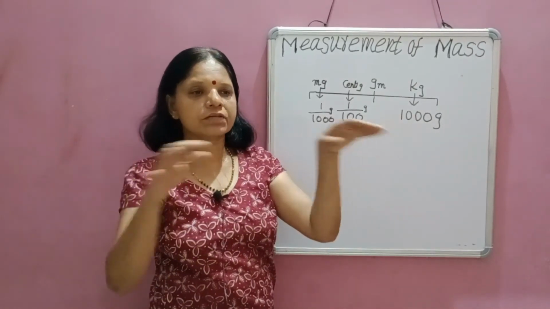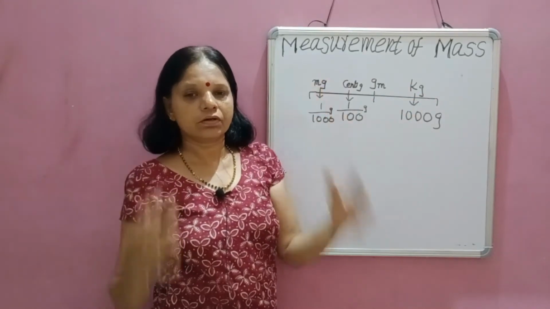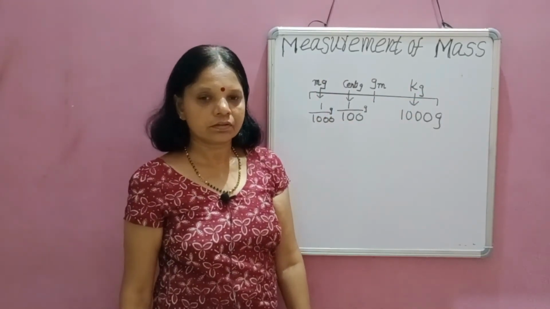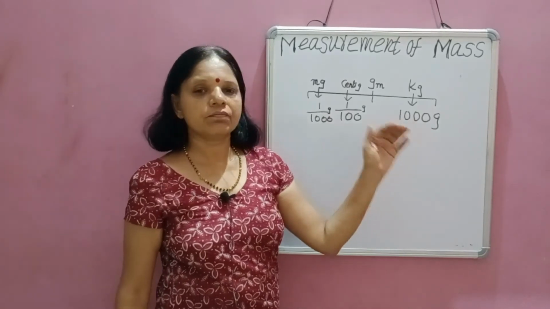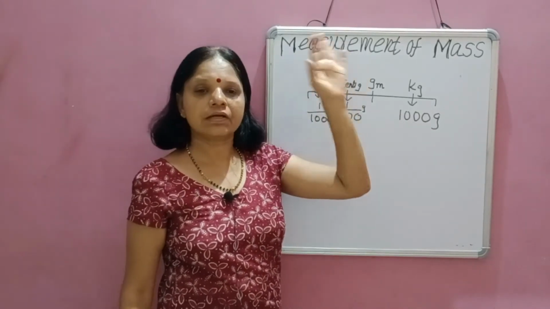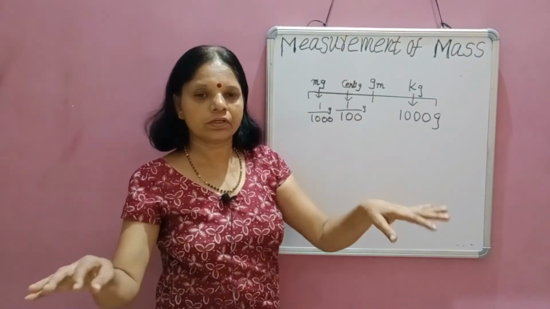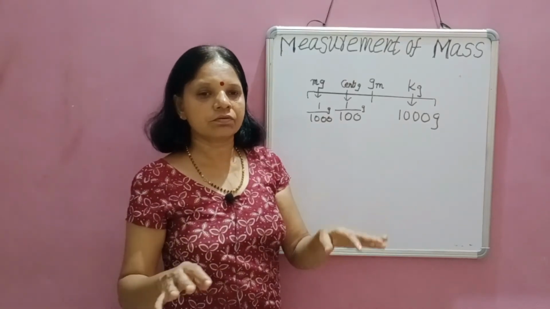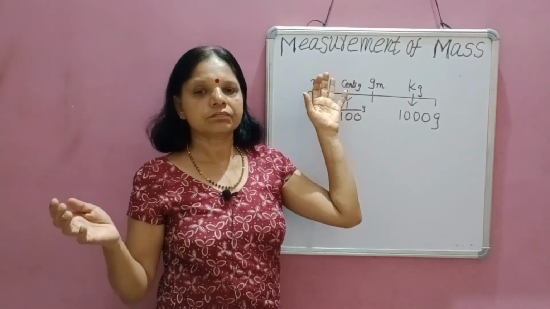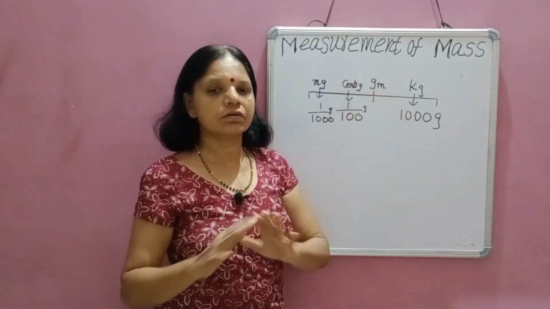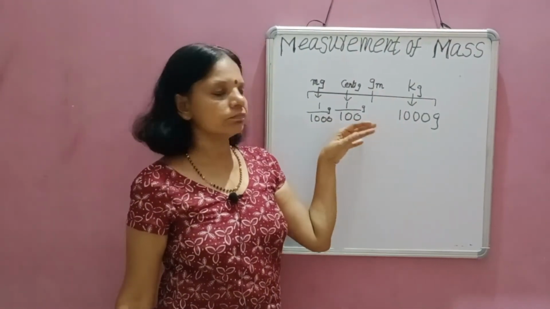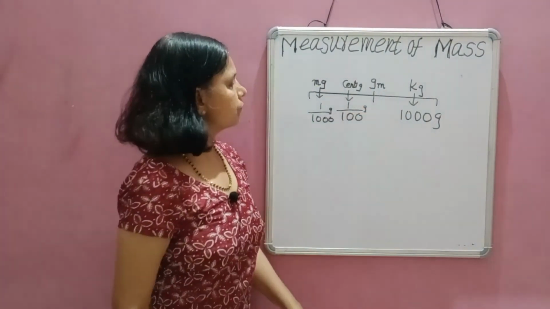Objects will float, they will not fall down. Clear? So weight will change from place to place, but the mass is the same there also. Even if you are floating, your weight is 0, but mass is the same. Mass will not change.